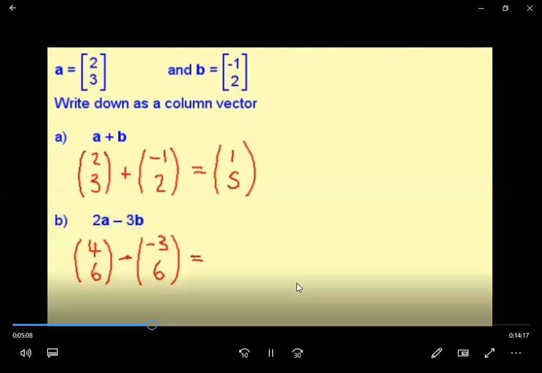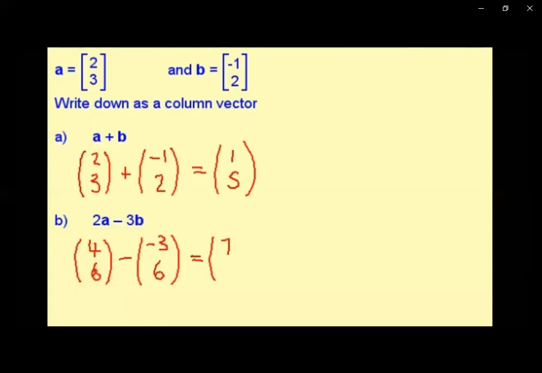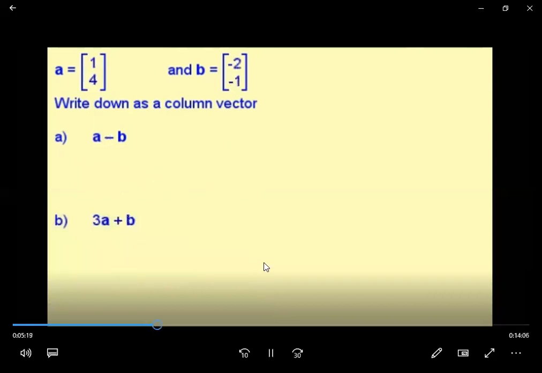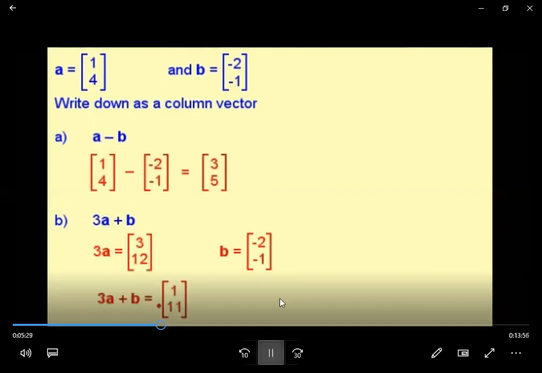Four minus 3 gives me 7, and 6 minus 6 gives me 0. Here are some for you to try. Press pause and have a go at them. When you're ready for the answers, press play. Here are the answers.